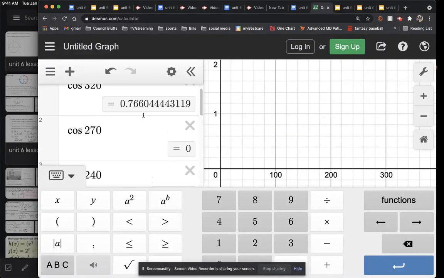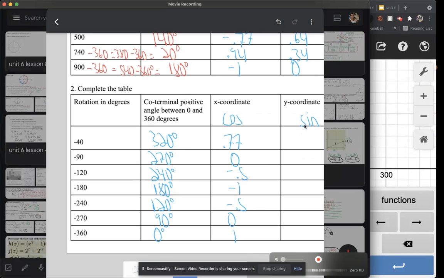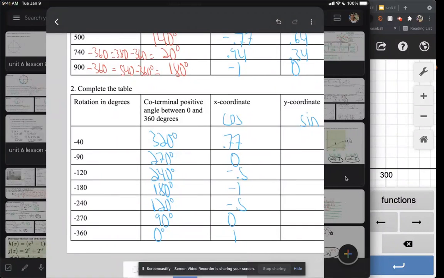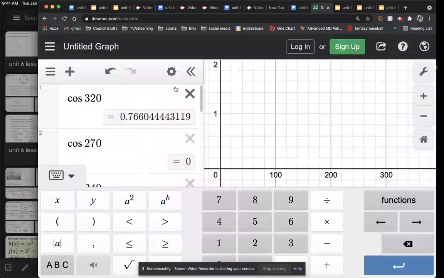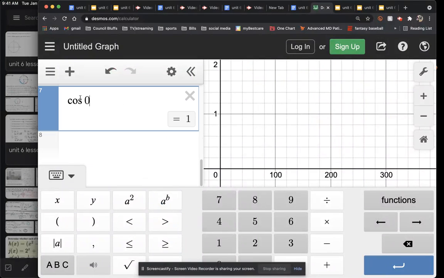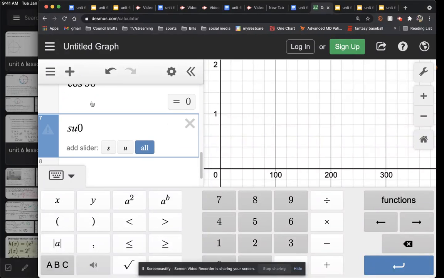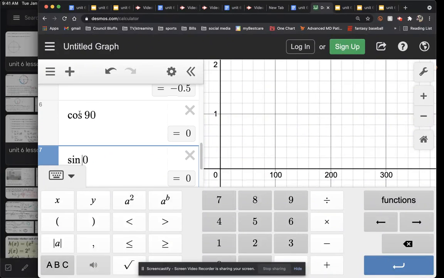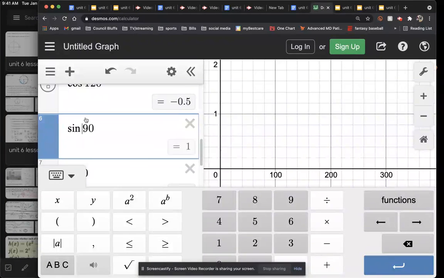And then for my y-coordinates, I'm going to do the same thing, but I'm going to change it to sine. So I'm just going to go through and change all of these cosines to sines.